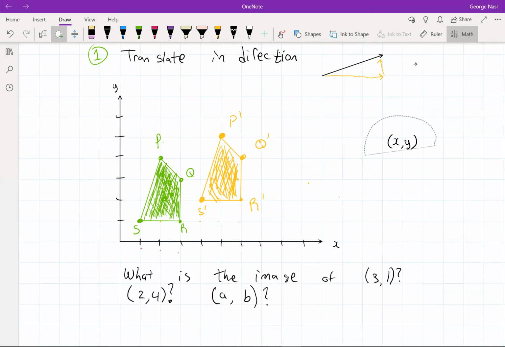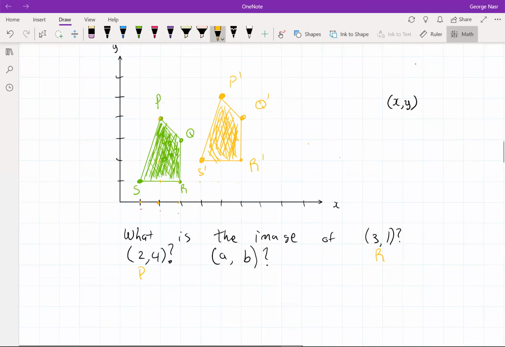And when I plot points, I plot them as an x and a y. So the first coordinate tells me the x position, the second one tells me the y position. So (3, 1) is R because x is 1, 2, 3, and the y value is 1 because it goes up 1. And (2, 4), if I go 1, 2 on the x-axis, and then 1, 2, 3, 4, that point is P. Okay.